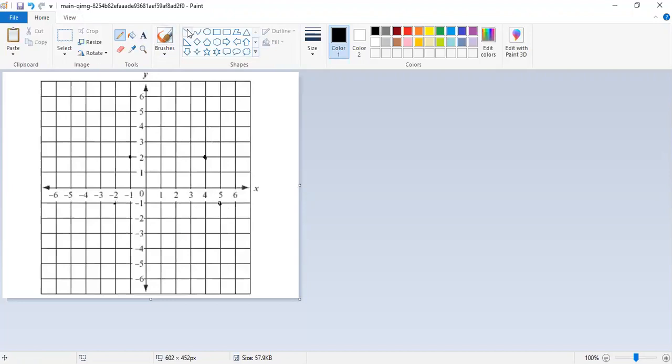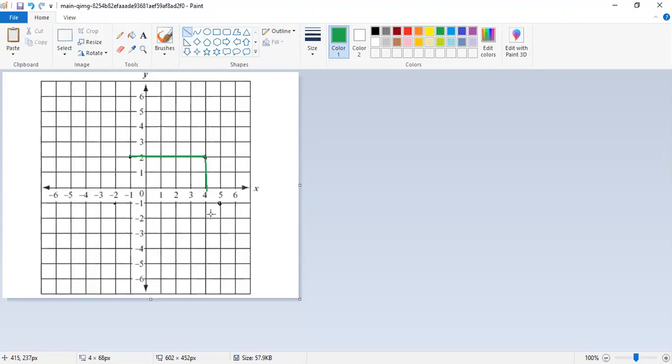So let's join and check what kind of quadrilateral we are getting. I think this color is too light. Let me take this one. Okay, so first from here to here. Now of course you need to write the names of the points. So this is R, this is S, this is T, and this is U.